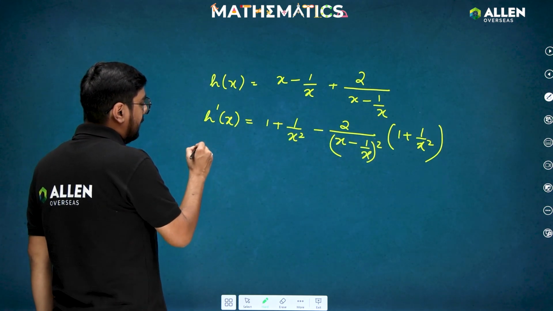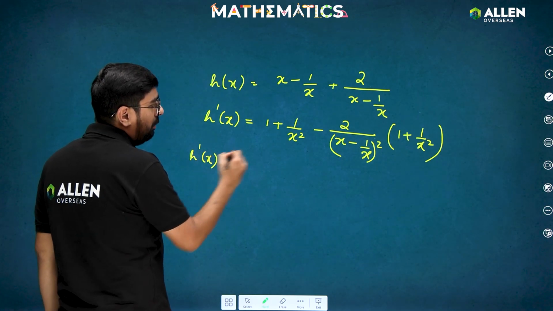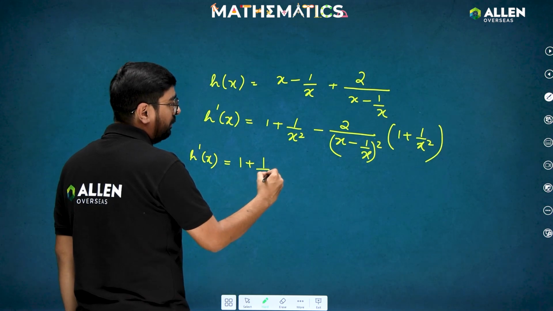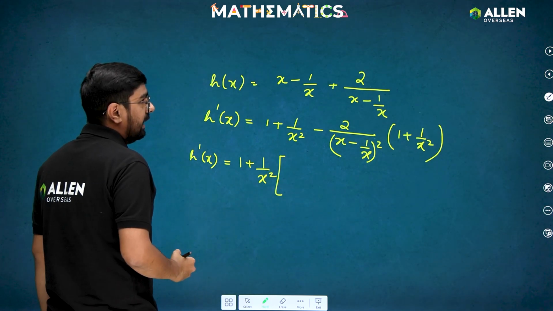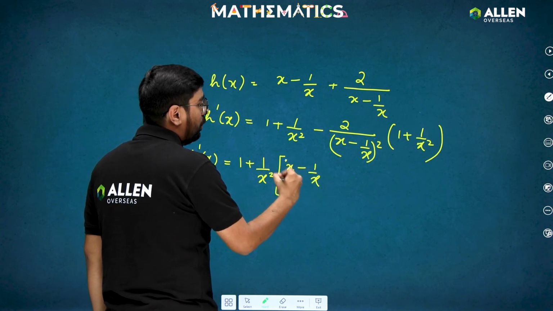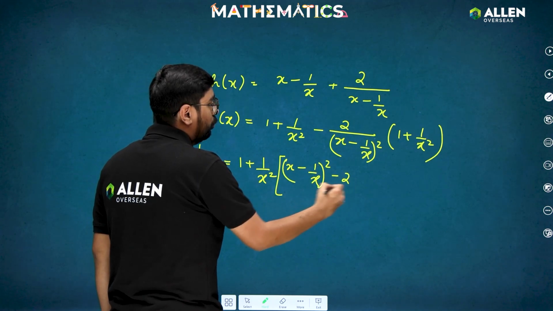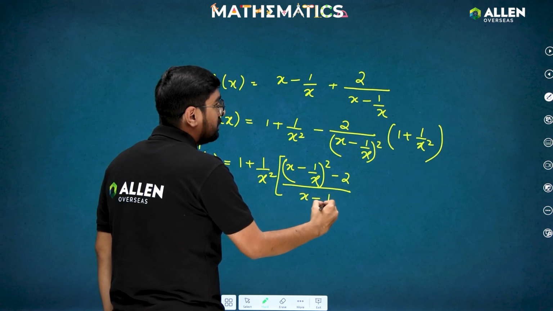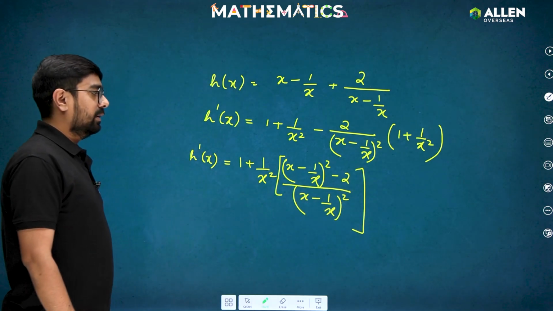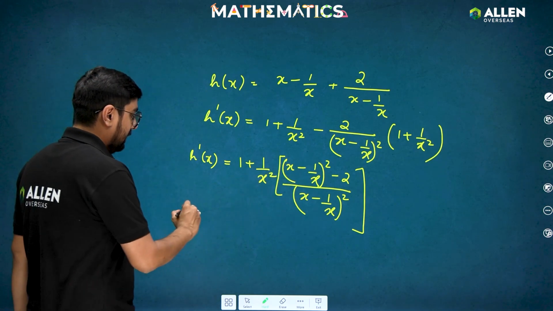So I can write my h dash x. The first thing I can do is take 1 plus 1 by x square as common. Inside I'm going to have x minus 1 by x whole square minus 2 divided by x minus 1 by x whole square. Let's simplify it more.